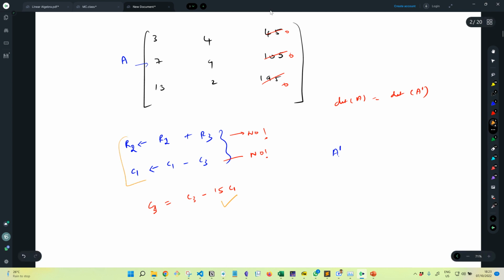The operations suggested in the question are elementary operations, in particular linear combinations, and we know that linear combination does not affect the value of the determinant. That is why the value of A prime that you obtain after applying these operations has a determinant value of 0. That is why the answer to this question is 0.